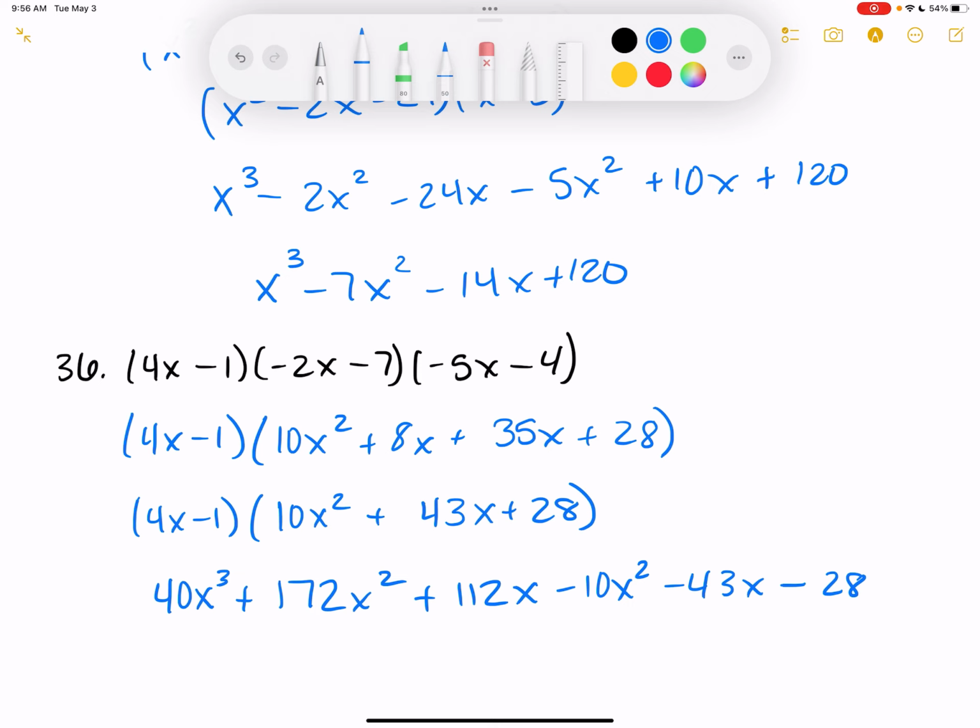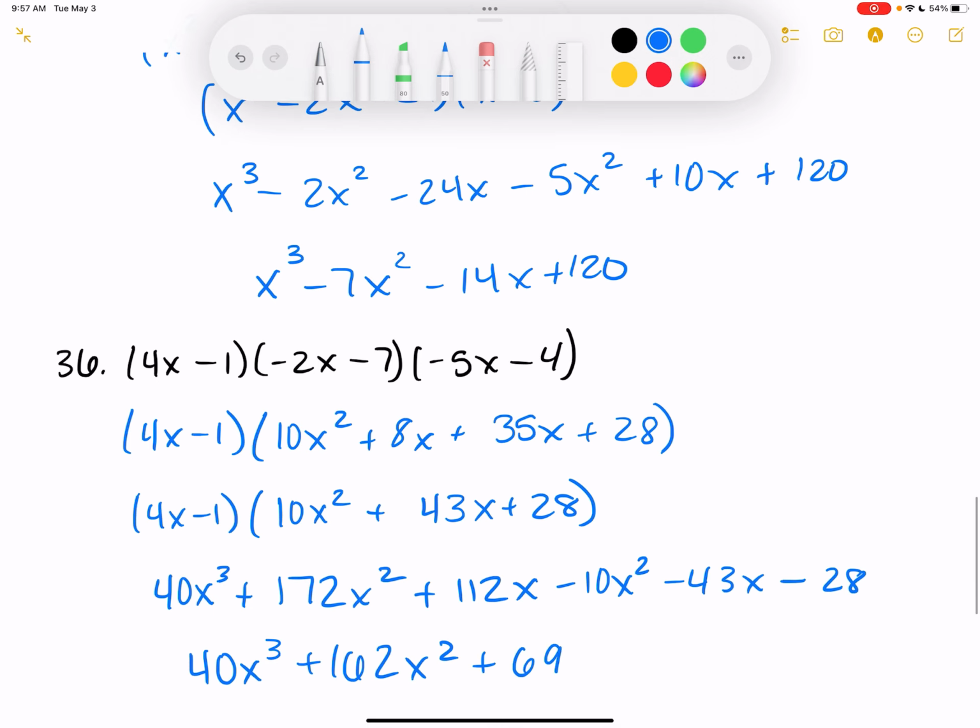Huh? Wait, no, it's not. Why am I doing that? I don't know. Where did you see that? I don't see that. I was thinking like times 1, and all the things were gonna be the same numbers as the other.